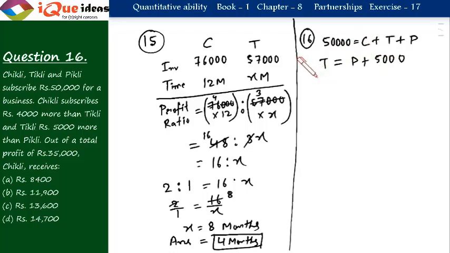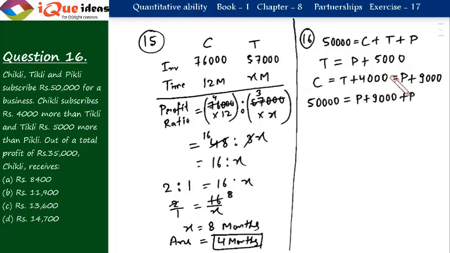And in place of Chickly, we can say it is T plus 4,000, which eventually comes out to be P plus 5,000 plus 4,000, that is P plus 9,000. Now if you put all of them in the first equation, we have 50,000 equal to, in place of C, write P plus 9,000. In place of T, write P plus 5,000. And in place of P, it is just P.